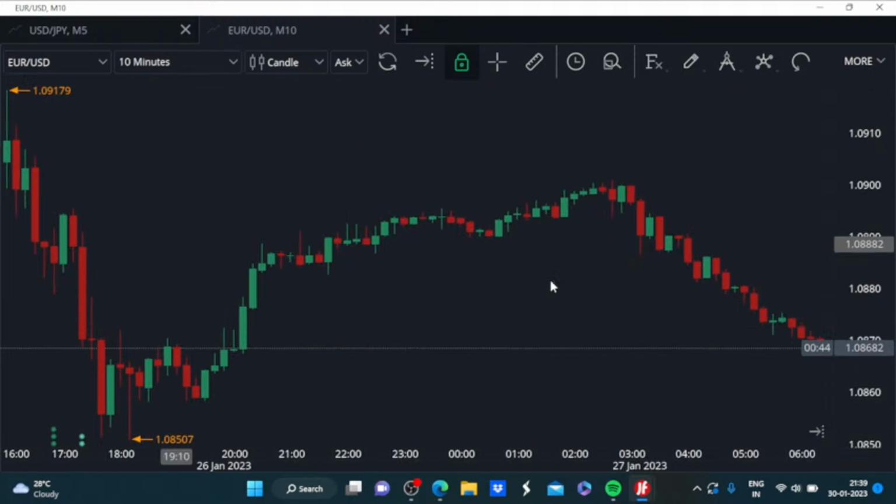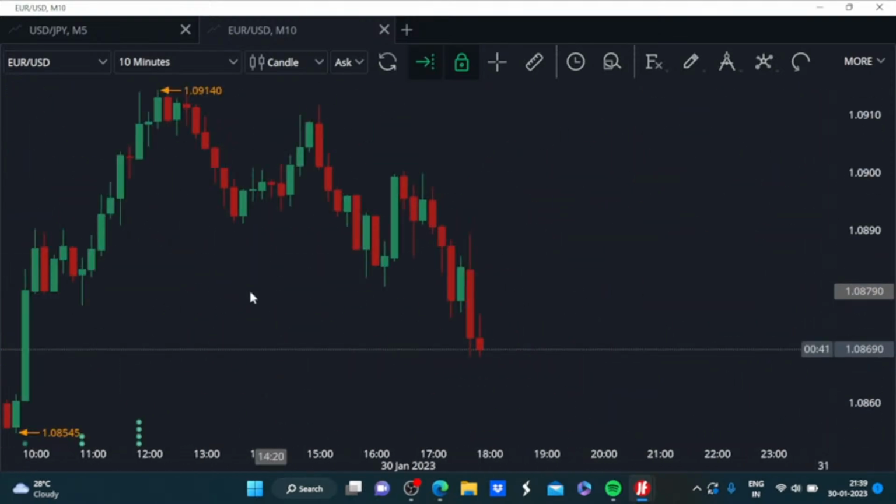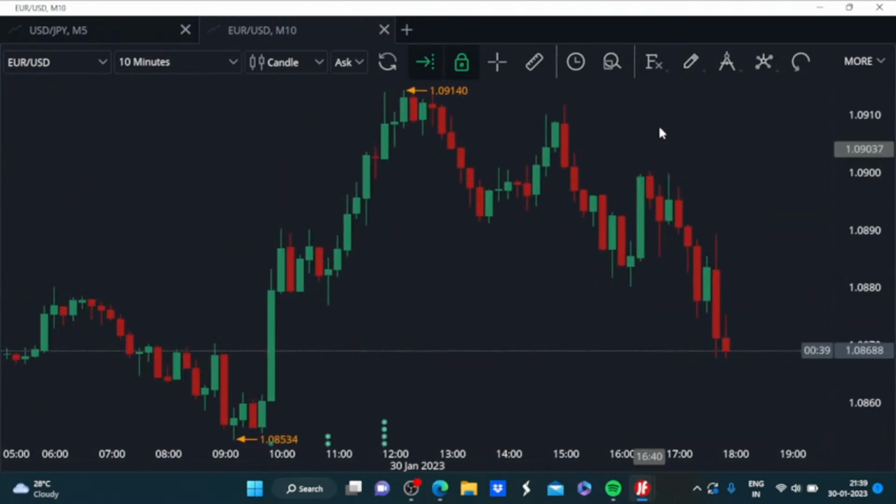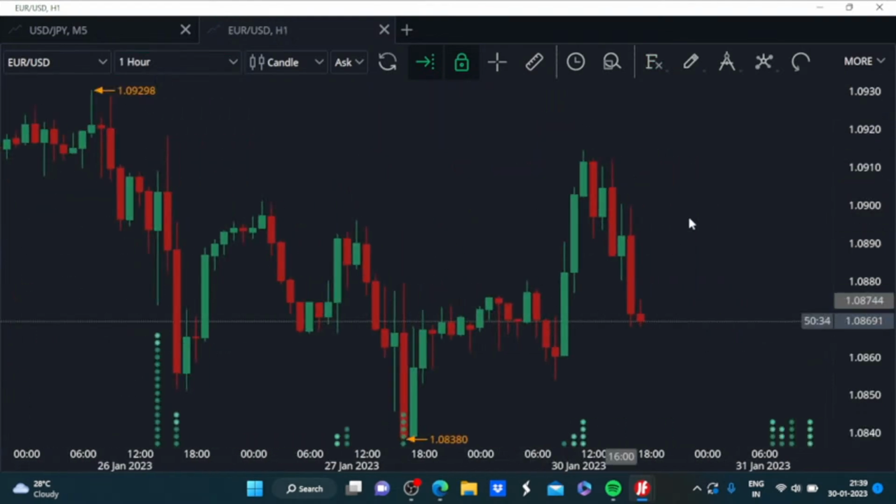So I feel we will have to revert back to the initial settings, and for that, since it is not being recognized on the chart, we will have to add it afresh.